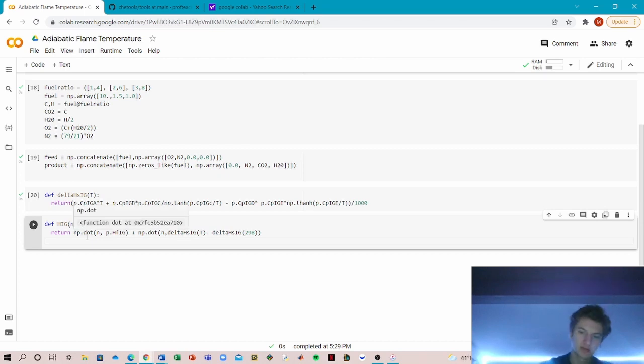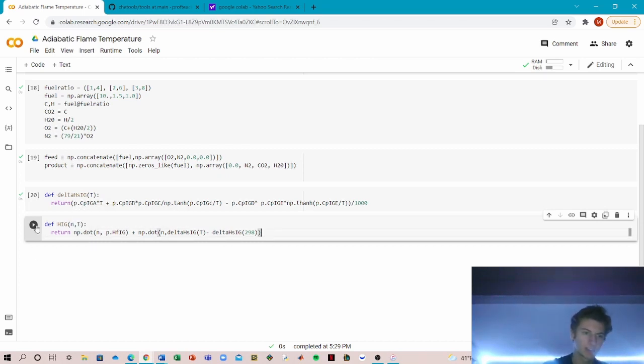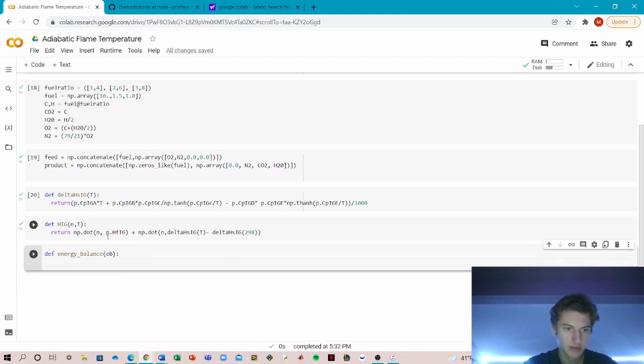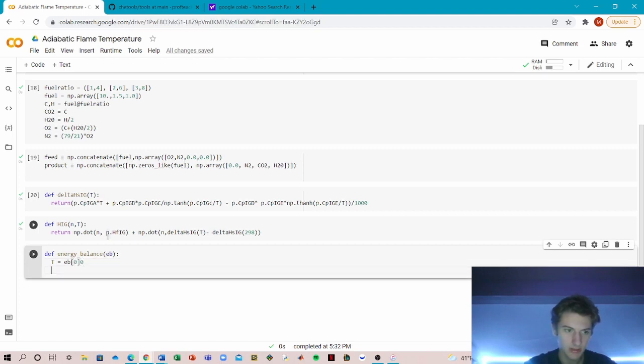Alrighty, now for the next one, which I kind of alluded to already, and that's the energy balance. So we do EF, we'll call that EB. Oh, I forgot the colon. There we go. And then T equals EB array at 0, or index at 0.